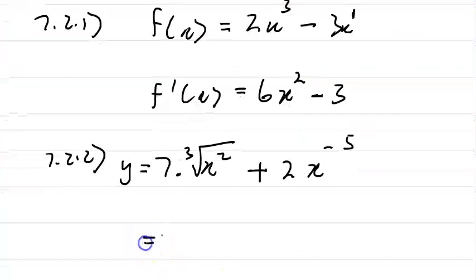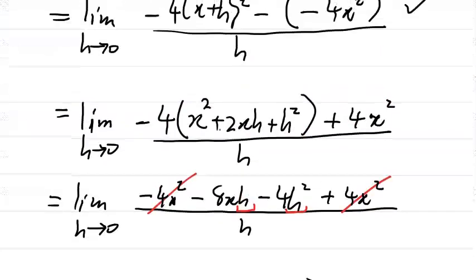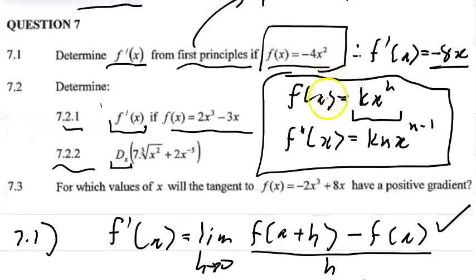Now you'll see here that you've got a root. When you've got a root, this is the rule that you're going to use to convert that root to kx to the n. Because remember that in order for you to find the derivative, it has to be in this form, kx to the n.